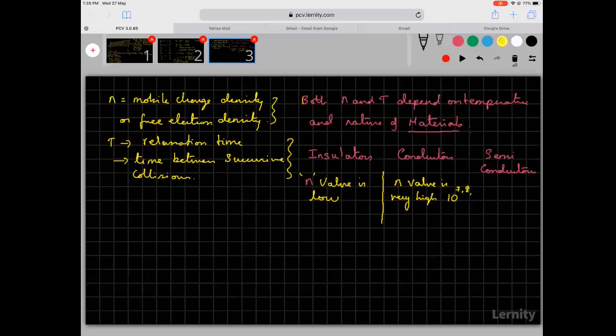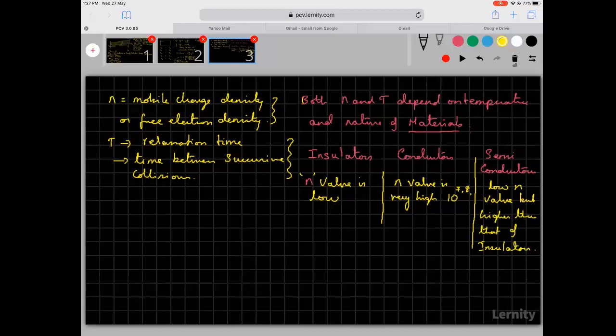Semiconductors have a low N value, but higher than that of insulators. The N value is very low for insulators.